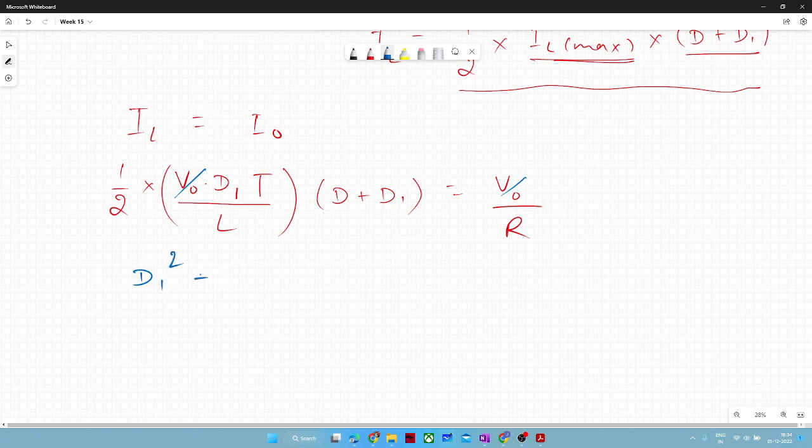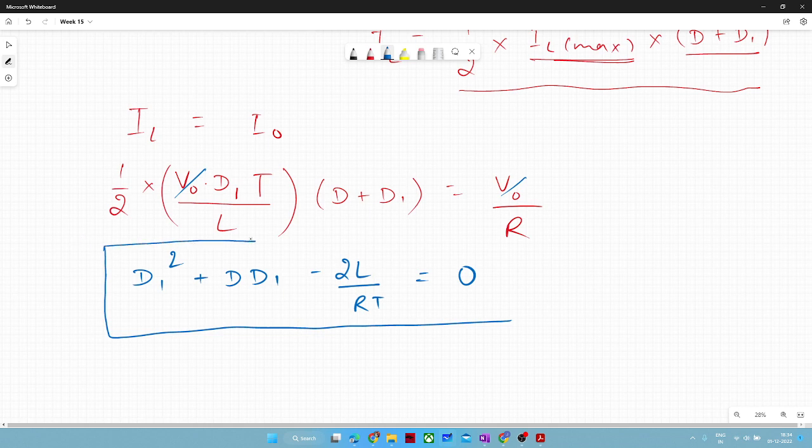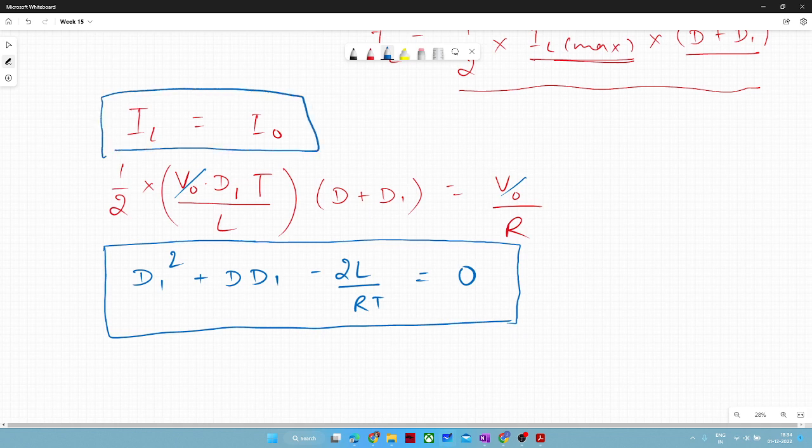d1 square plus d d1 minus 2L by RT. This is the final expression. It may look like there is a lot of effort, but we simply need to equate this IL average is equal to I naught, which we already know from the circuit, because anyway the circuit will be given, or you will be familiar with the circuit.